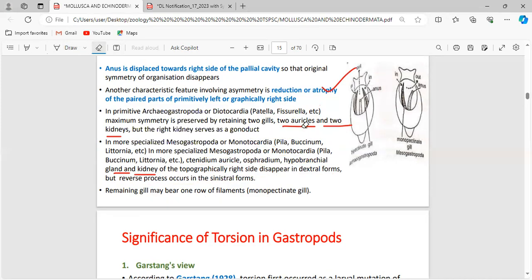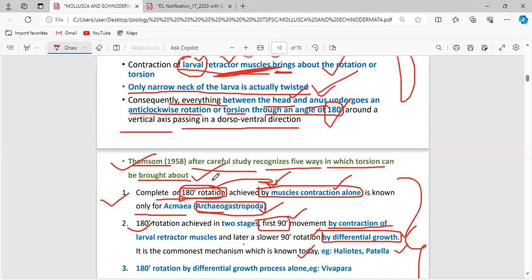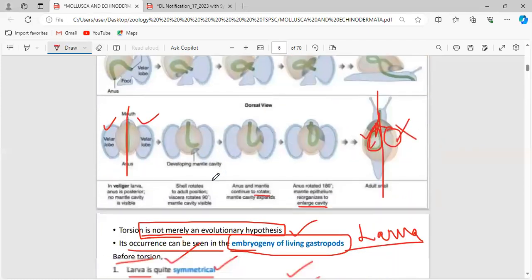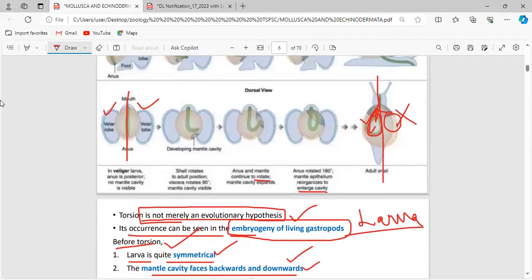See, let me explain here. There is nothing to confuse. Just be calm, erase everything I have said previously, and listen without any preconceived notion. Initially the mouth will be there, the anus will be there, and consider this as a kidney.